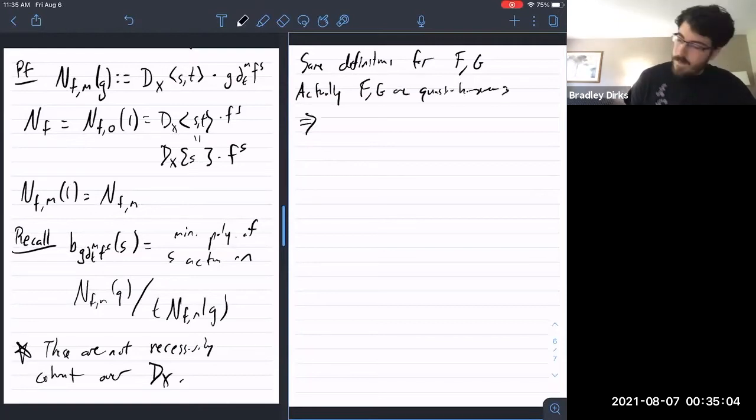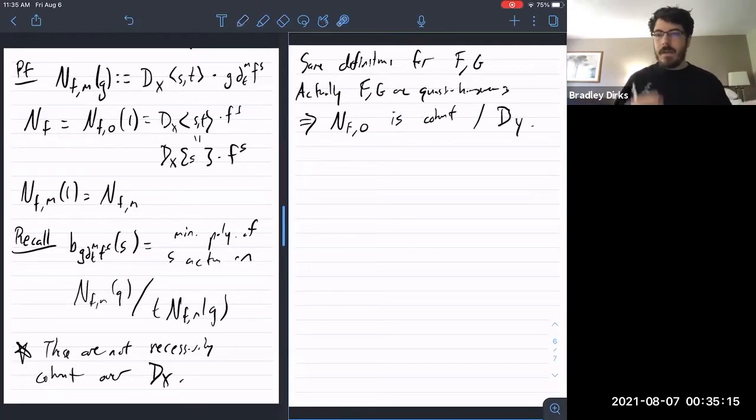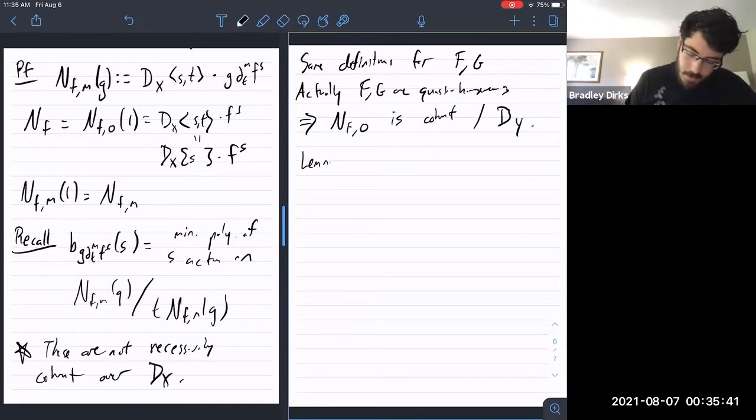And so at least we know that N_f^0 is coherent over D_Y, right? I guess I'm being sloppy here, but locally it's finitely generated because of this quasi-homogeneous assumption. We saw this last time. You get the s action from that operator that recognizes it as quasi-homogeneous. I really don't even need the g to be quasi-homogeneous, but yeah, and then coherence is just a local property. Okay, so here's a lemma which is going to be useful for us.